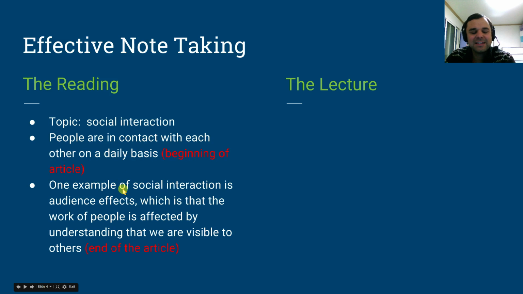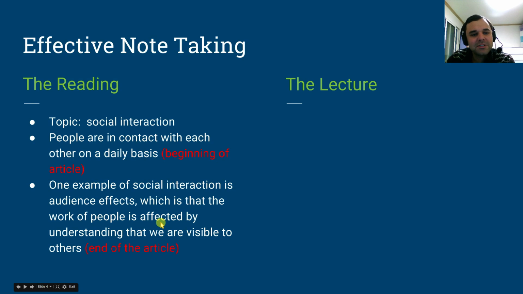And then the next and last note I took was this one. An example of social interaction is audience effects, which is that the work of people is affected by understanding that we are visible to others. And I got that from the end of the article. Indeed, I got it from the last sentence. You should do the same.